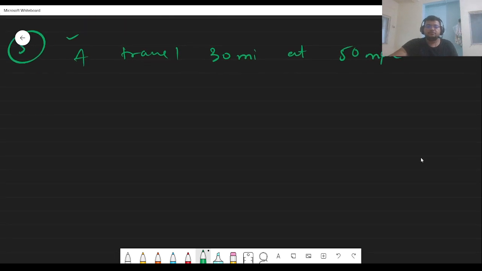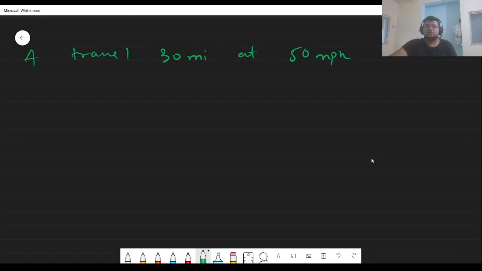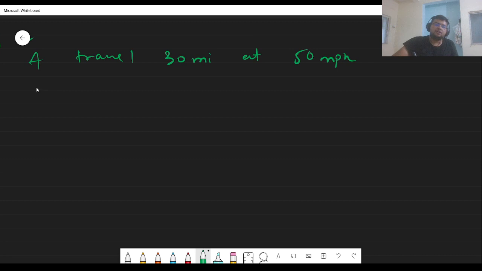And secondly, car B travels the same distance, that is 30 miles, at 40 miles per hour.